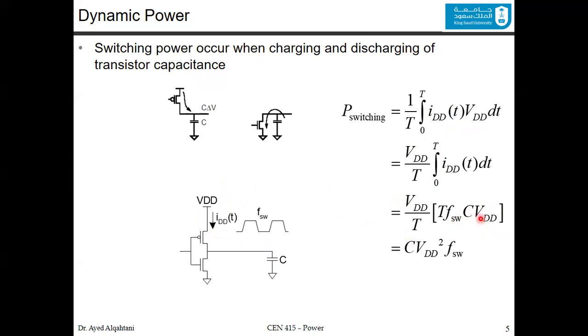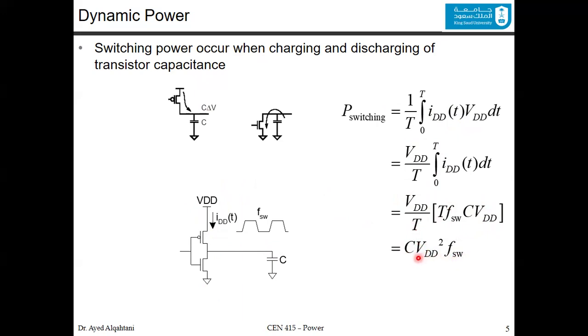So from this calculation, we know that we can get the VDD outside too. So we have C multiplied by the frequency of the switching multiplied by the voltage squared. Now the T can go out because you have it in the numerator and denominator, so cross them out. So that's the end result.